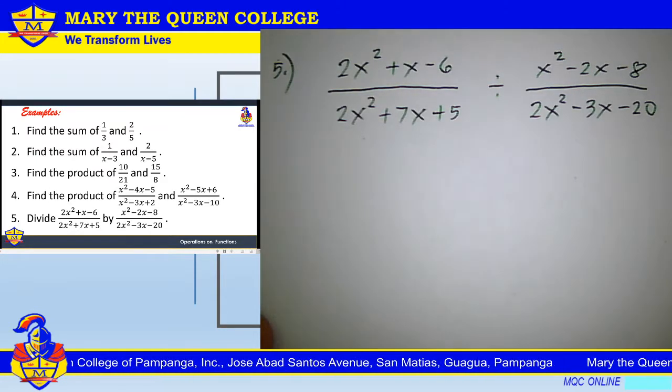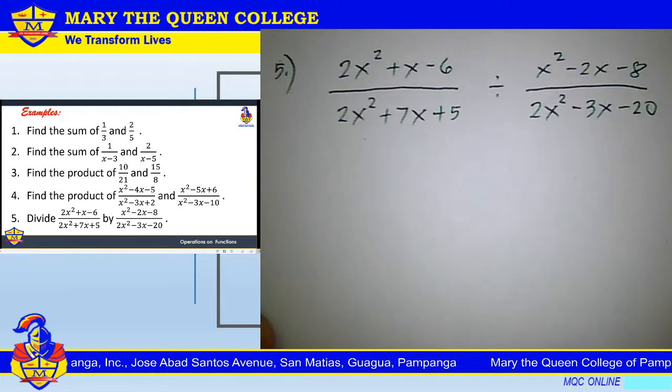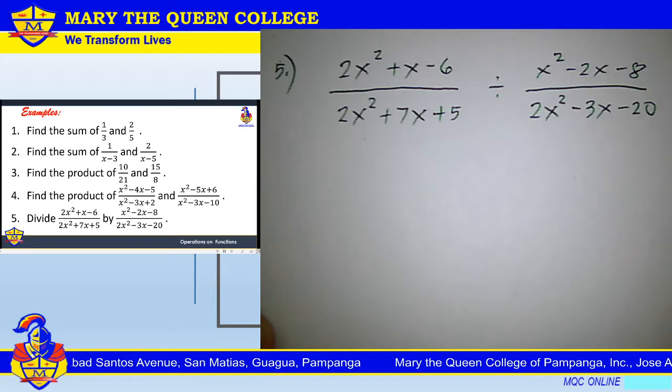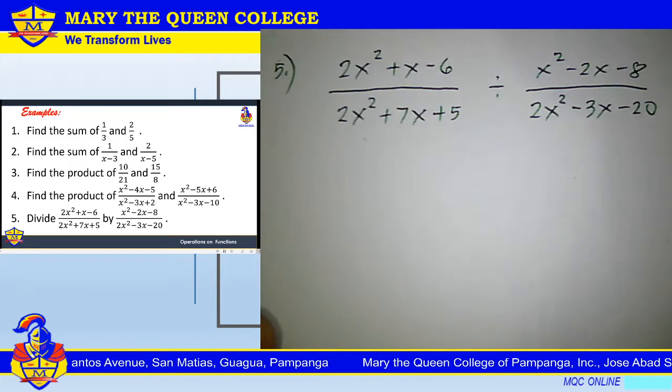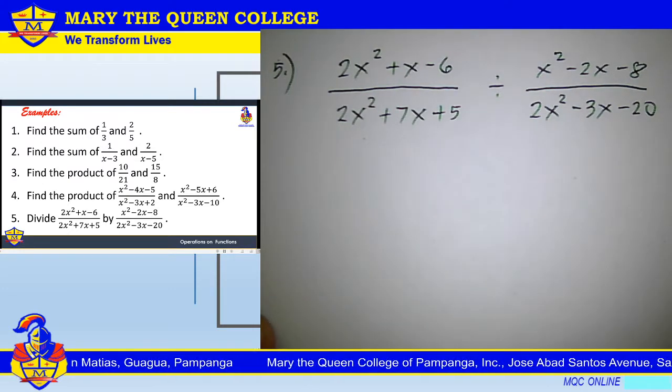Okay? Kaya lang, we have a rule in division of rational expressions or polynomials or division of fractions na lang. We have to multiply the dividend to the reciprocal of our divisor. Okay? So, paano po natin gagawin yon? Okay?